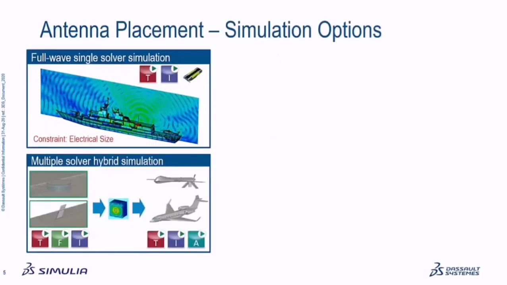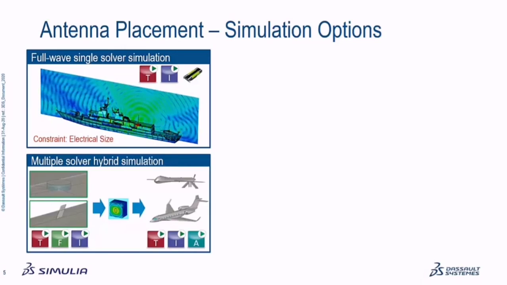So then let's start with the topic antenna placement, and here we can distinguish between two simulation options that we have. The first one that we see here is the full wave single solver approach. We take the antenna, place it on a platform and run the simulation in one single solver.